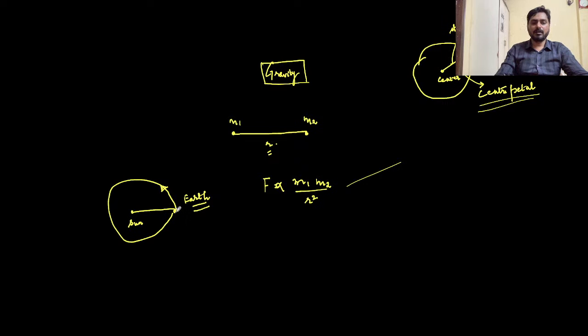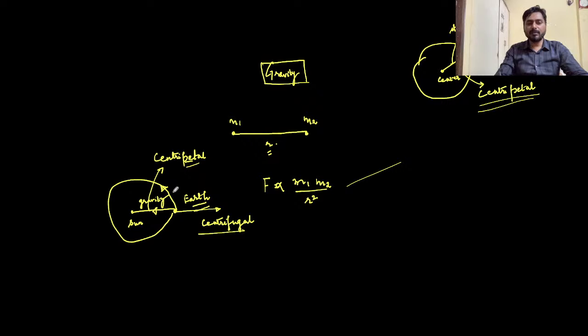The earth is also experiencing an outward force, that is the centrifugal force, because this centrifugal force is countering the centripetal force. In this case, the centripetal force is not the tension in the string, but rather it is gravity.